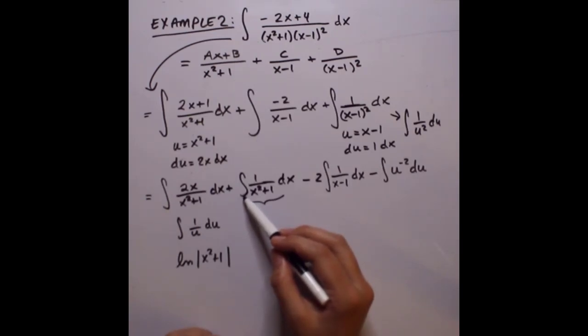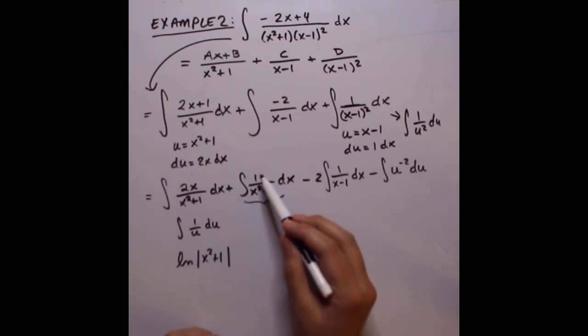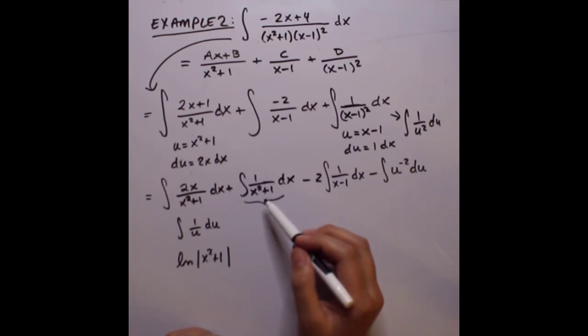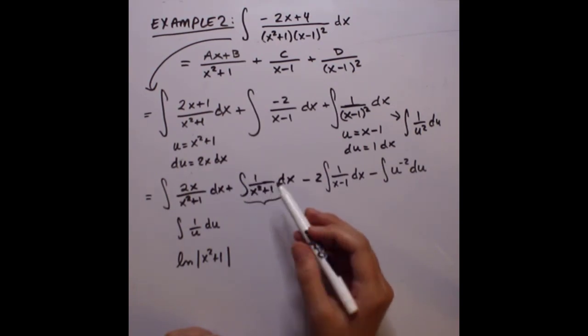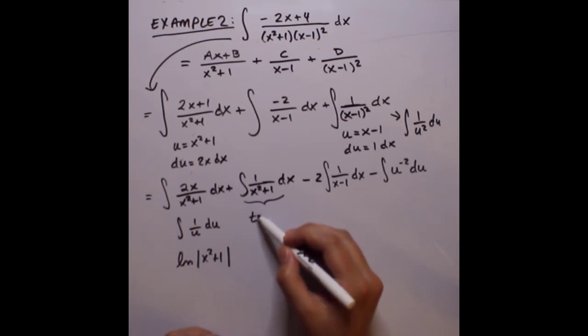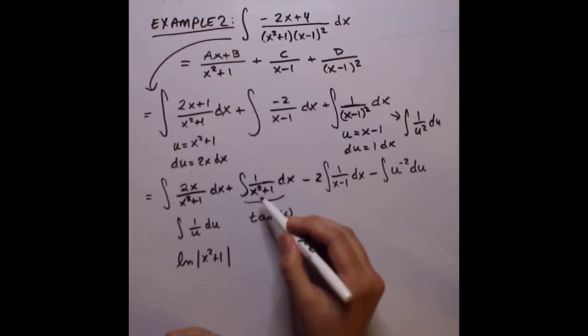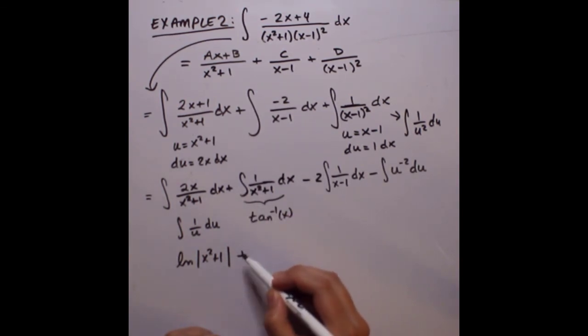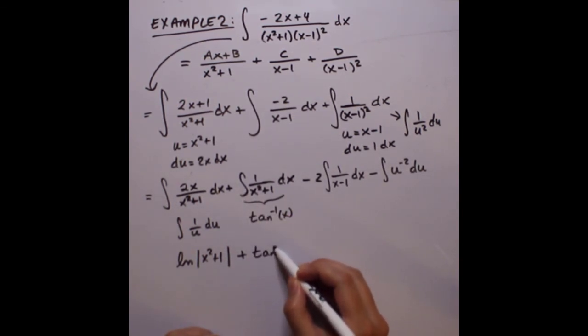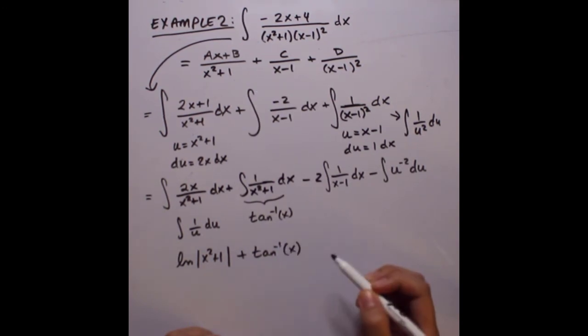It's saying which function has a derivative that looks like this, and this is familiar, hopefully. Going back to calculus 1, this integrand here was the derivative of tangent inverse. So this integral value is tangent inverse of x. So let's write it down here. So this is plus tangent inverse of x.